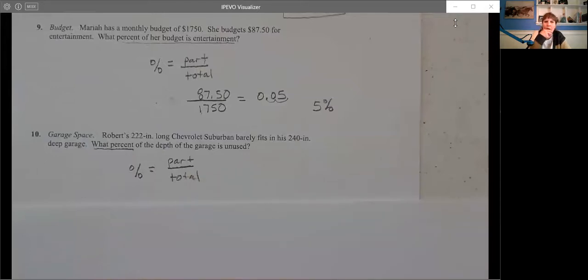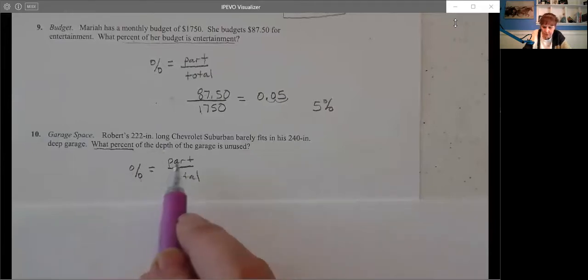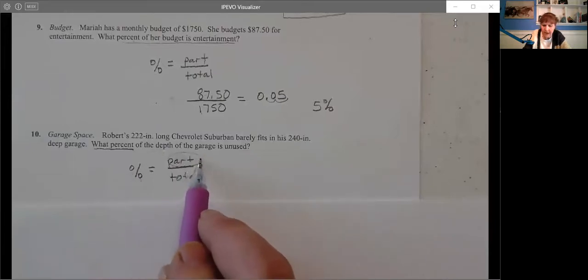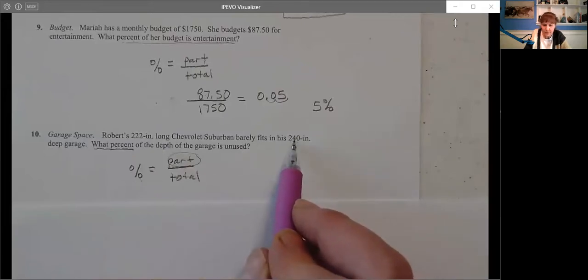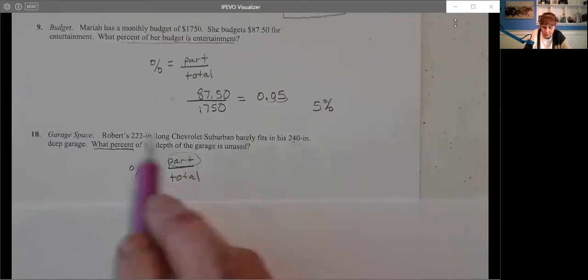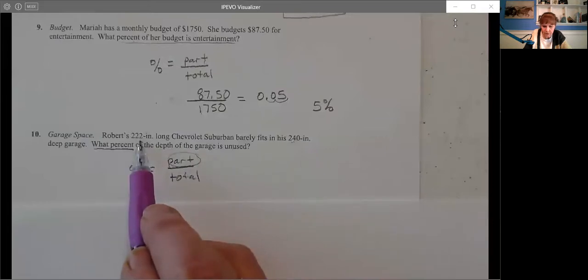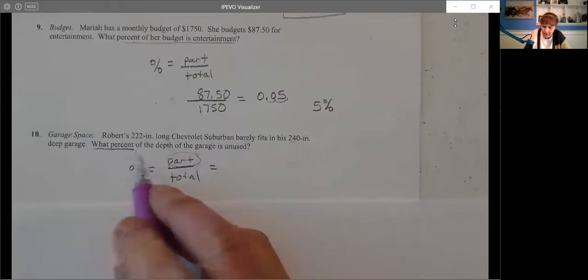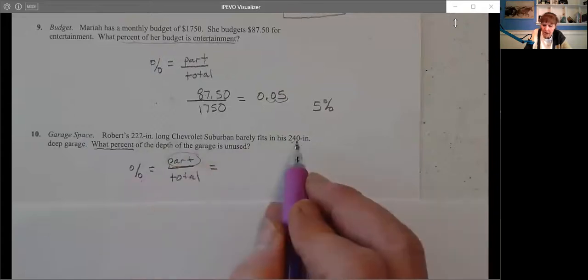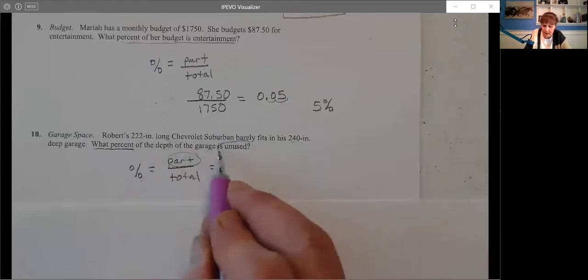All right, now they want a percentage that's unused. So I want this to be unused. So this number up here has to be the unused. It's not how much is being used by the Suburban, which is 222 inches long. So here they want how much is unused, what percent is unused.